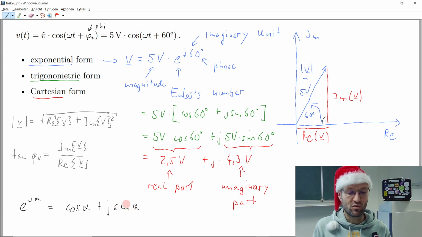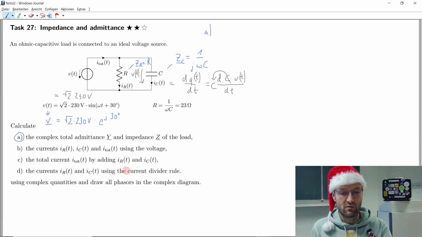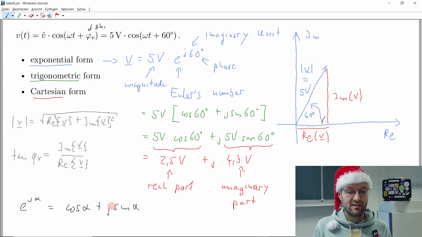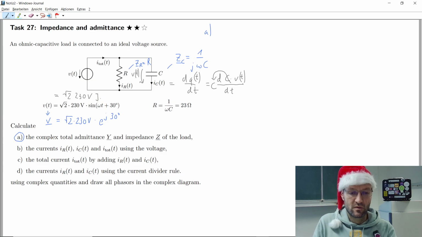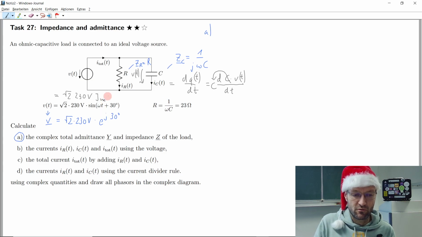So instead of sine alpha, what we have here in our function, I can also write the imaginary part of this complex exponential function. So I will write the imaginary part of e to j omega t plus 30 degree.